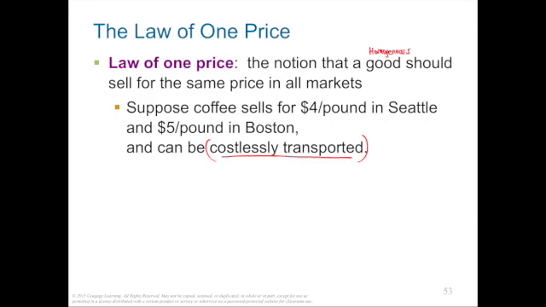Yes, there is. Stop the video if you don't see it, pause it, and let us look at it together. A strategy that I have in mind could be the following. I'm going to borrow $4 that I have to repay to the bank. I'm going to go to Seattle and buy, in exchange for $4, a coffee in Seattle.